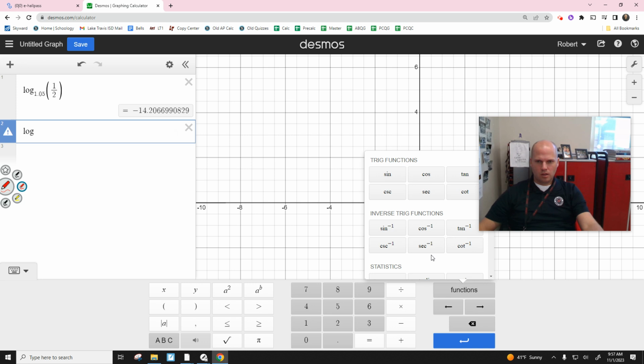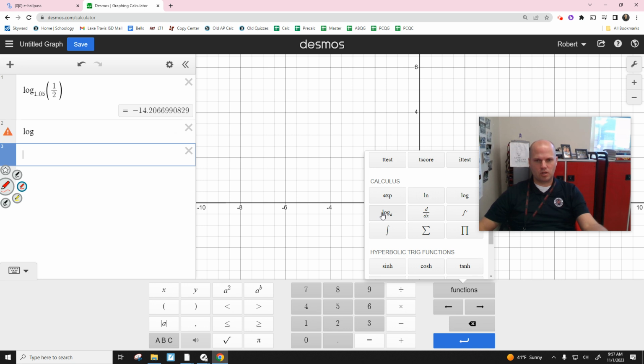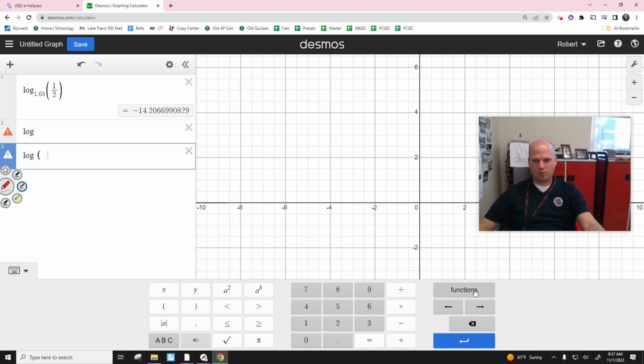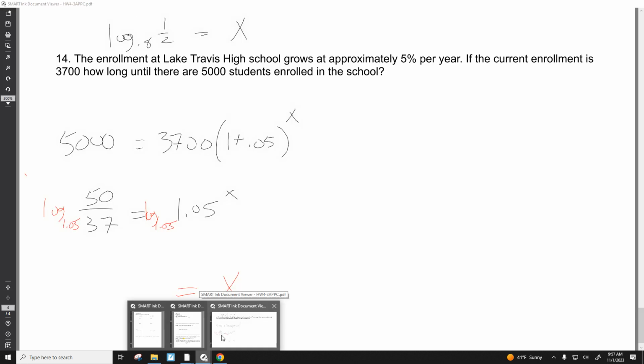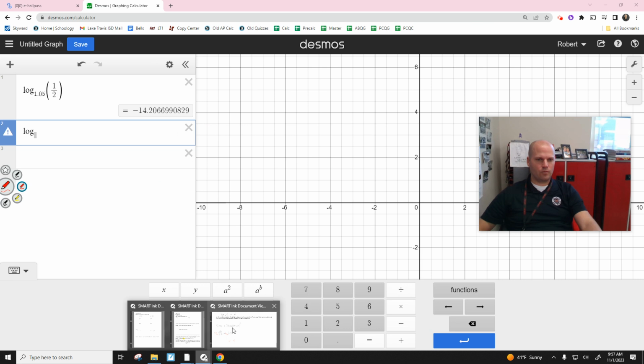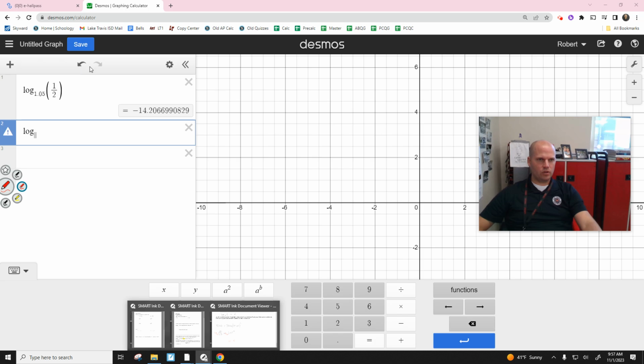If you don't know the shortcut, you can click log base. It's funny how they put it in calculus. I guess it's pre-calculus. And then it goes right there. But if you don't want to find that every time, you do shift and then the dash, and it does the underscore. Log base 1.05 of 50 over 37.